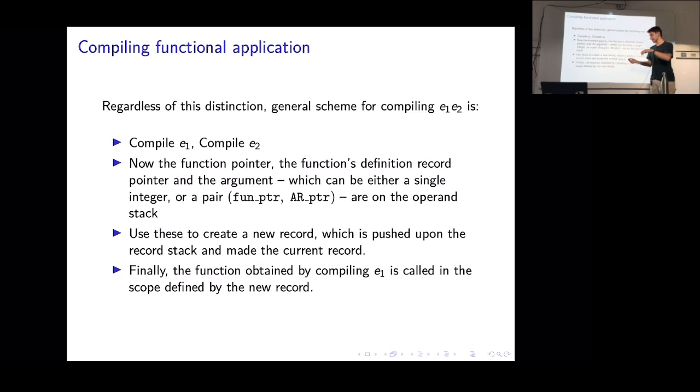Once this is done, the function obtained by compiling E1 is called in the scope defined by the new record. So, it's a new function, it has a new scope, and we call it.